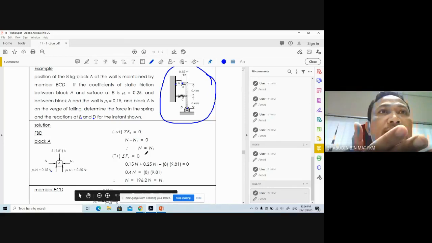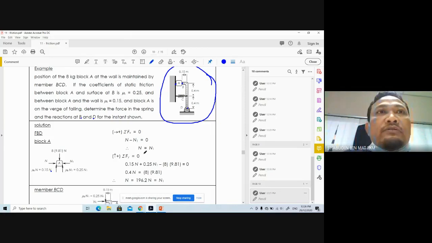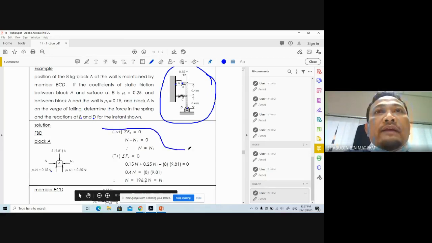If you do the equations, you can get N equal to N1, equal to 169.2. Try to do this. It is simple: summation Fx and Fy are equal to 0.